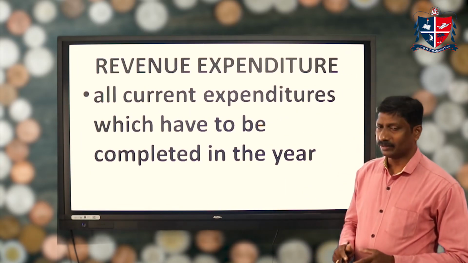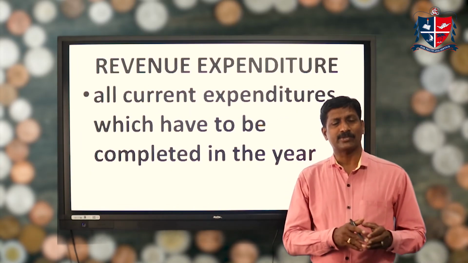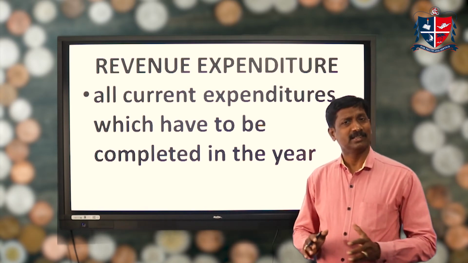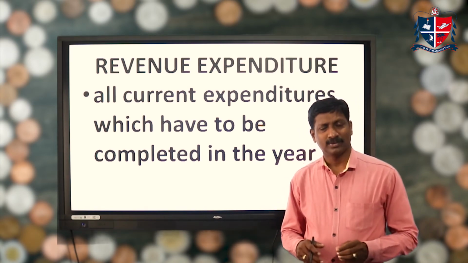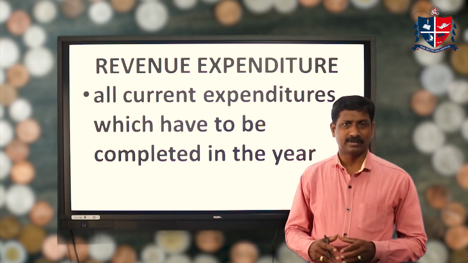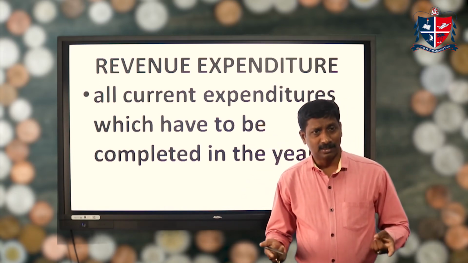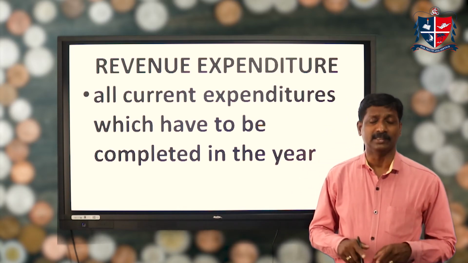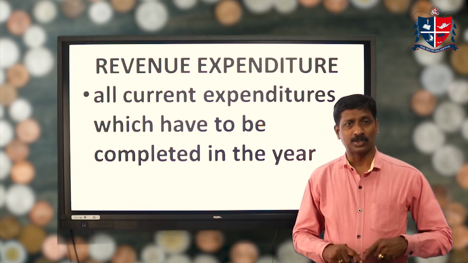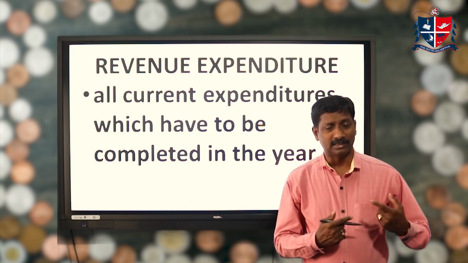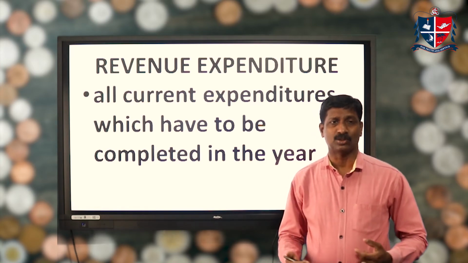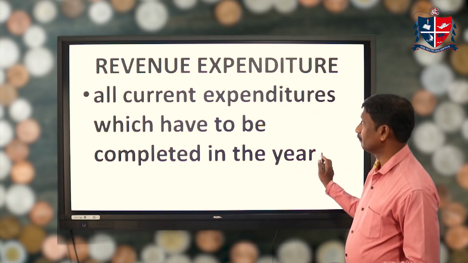Likewise, there are two expenditure terms, revenue expenditure and capital expenditure. In the case of revenue expenditure, it is related to all current expenditures which have to be completed in the year. And revenue expenditure will not create any changes in the assets and liabilities of the government.